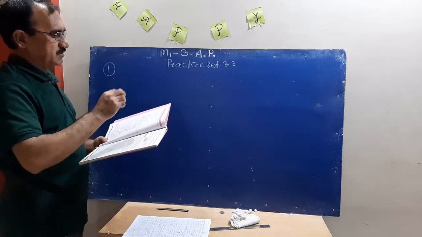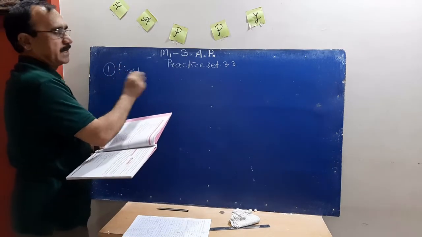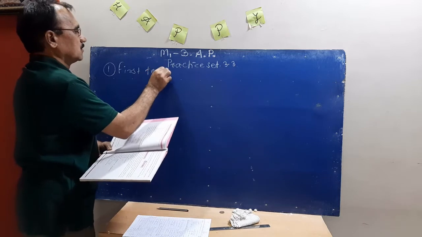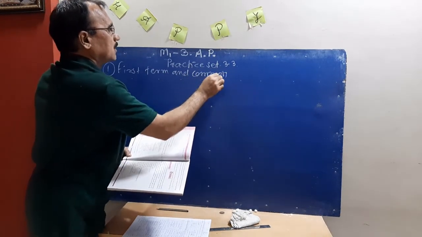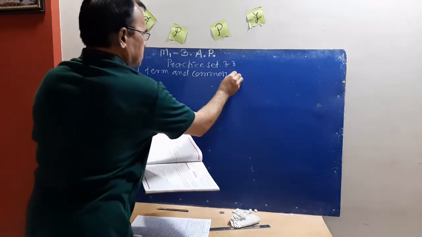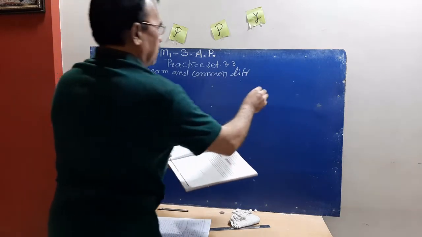The first term and common difference of an AP are 6 and 3 respectively.